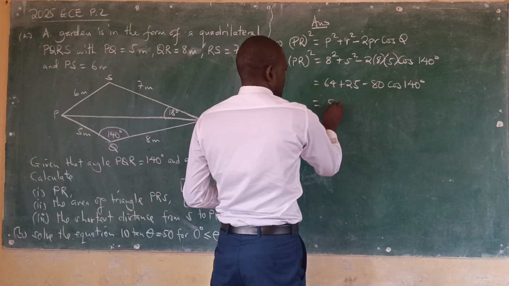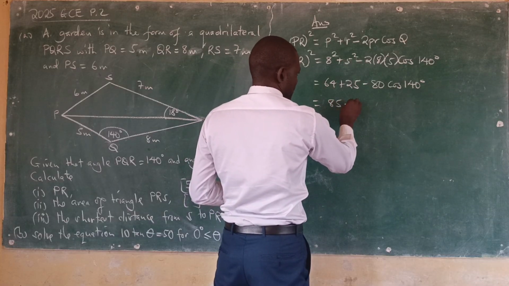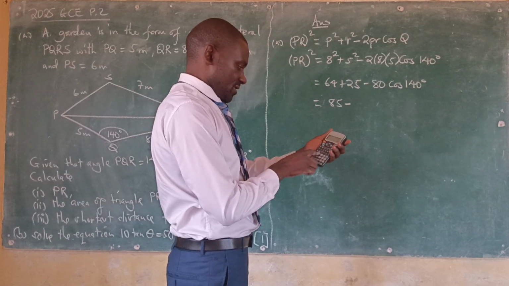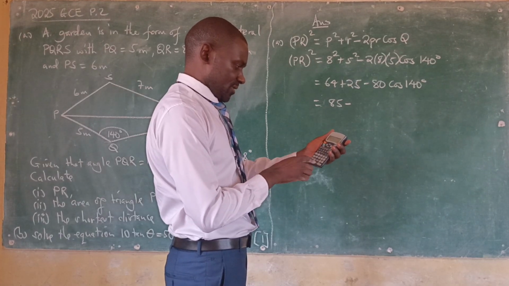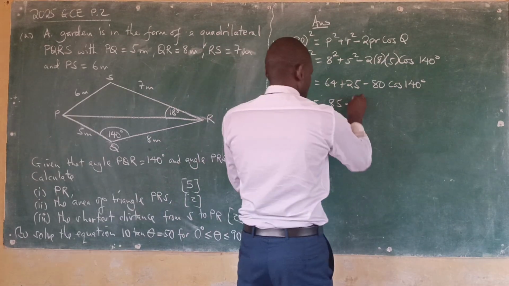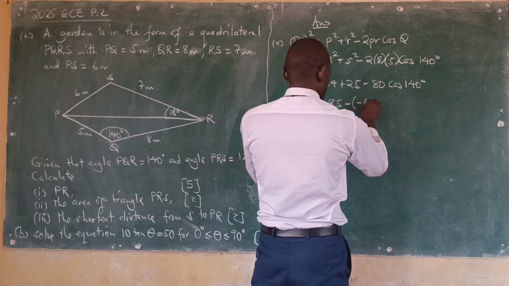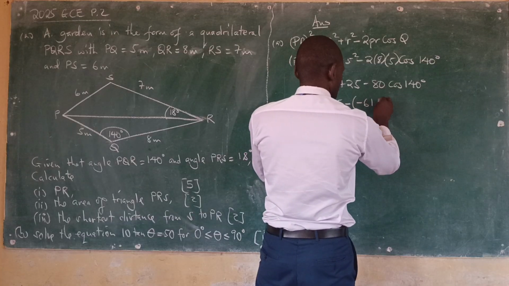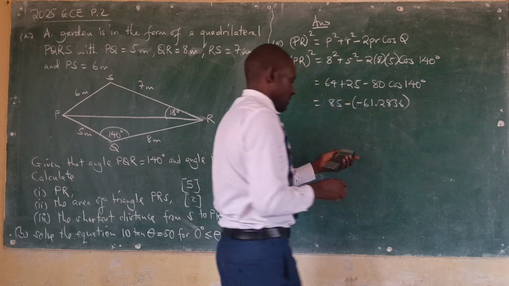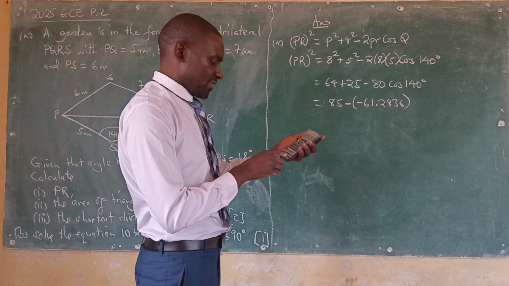So if we add, we are getting 89 minus 80 cos 140. 80 cos 140 gives us negative 61.2836. And so we add there.